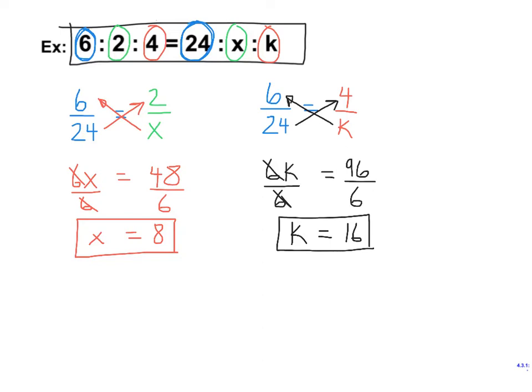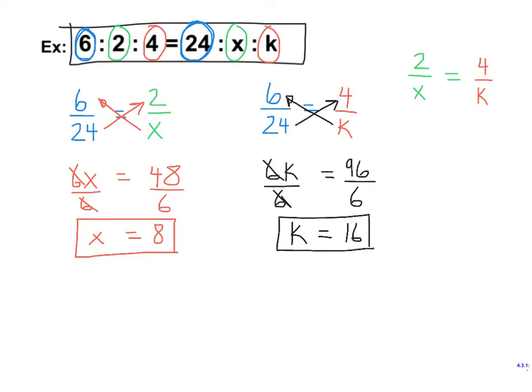Now, I hope some of you are thinking exactly what I'm thinking. Sir, how about if you didn't do it the way you did it? How about if you started with the second number, 2, over the second number on the right, x, is equal to, and then you wrote the third number on the left, 4, over the third number on the right, k. Can you do this?